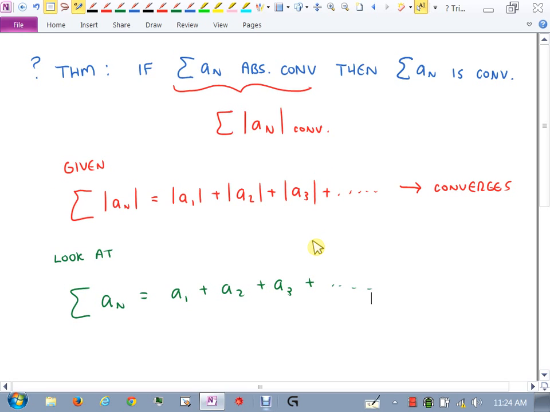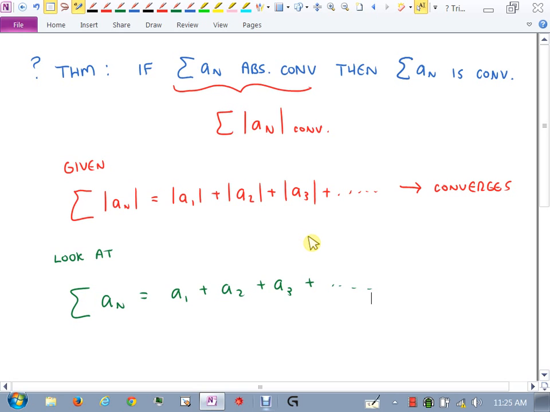This sum will be less than that sum, right? That's basically the idea here. And if this one's finite and this one's less, then it should be below it, so it should be finite also, right? Does that kind of make sense?